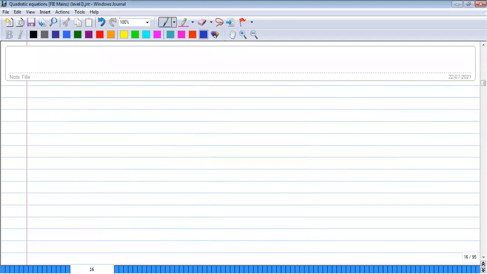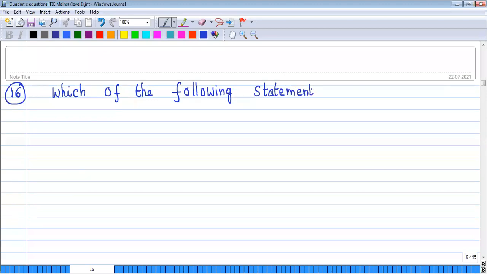So next, 16th problem. Which of the following statements are correct?